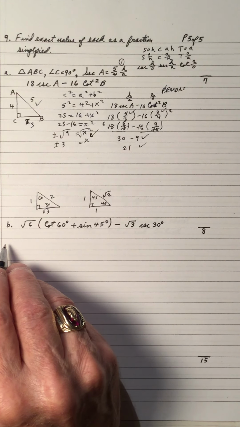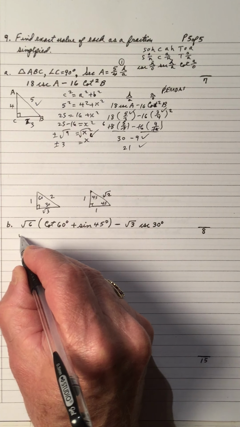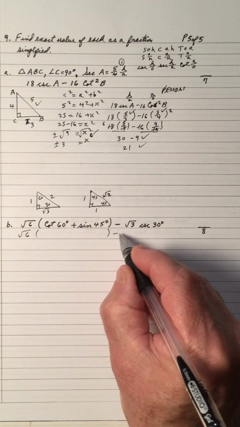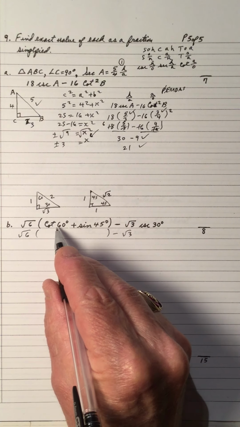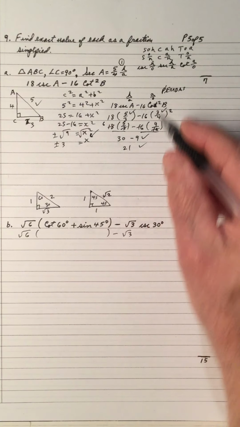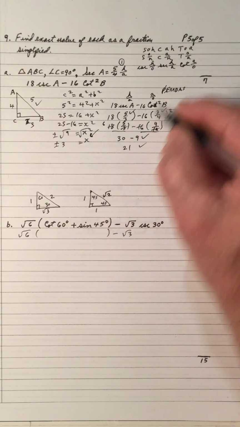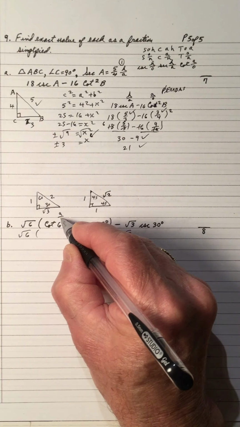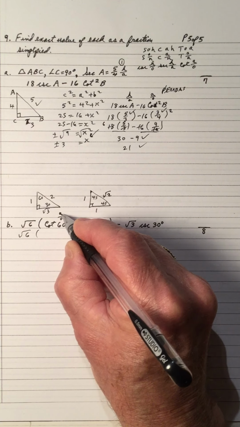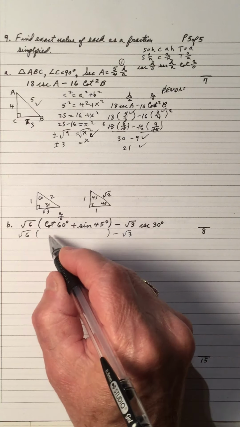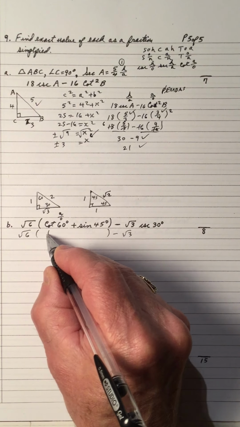So here we go. Now we do root 6 bracket. I have to do the inside of the bracket first. So again, we've got cot of 60. Cot is adjacent over opposite. Adjacent over opposite for 60, so it's 1 over root 3.